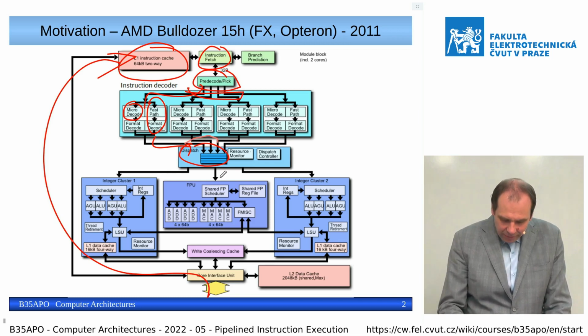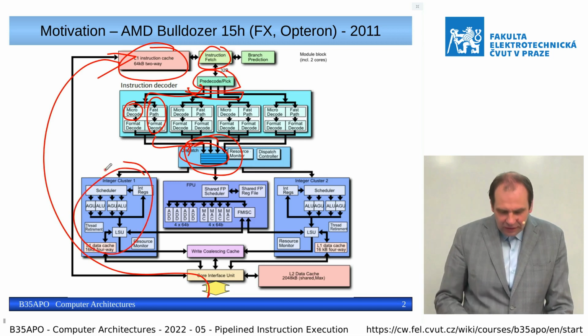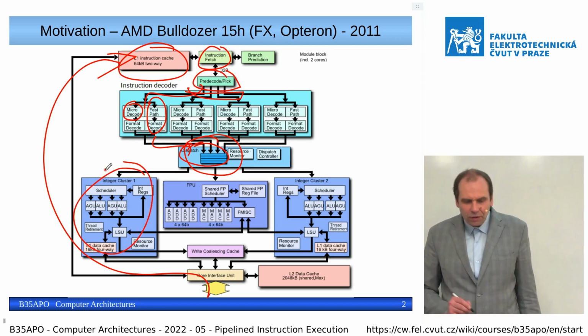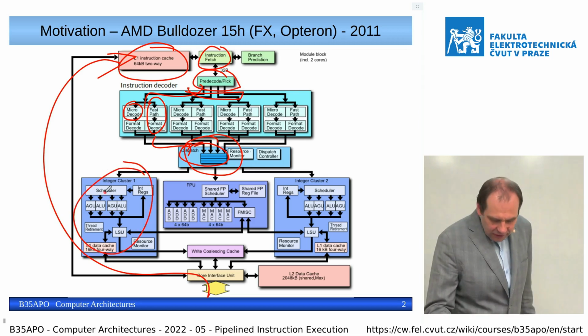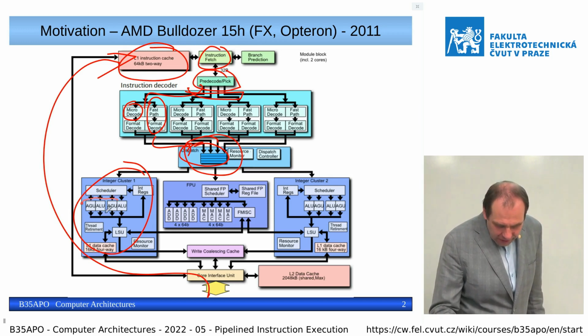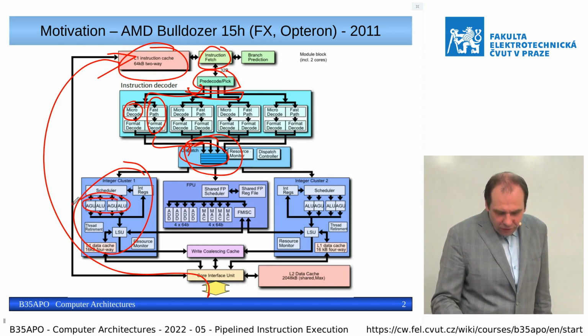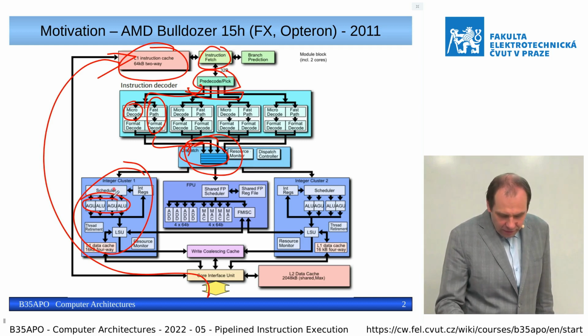Then there are dispatch and execution units. What is interesting in this complex design is that we have up to 4 parallel instruction executions for integer arithmetic, access to the memory, and so on.